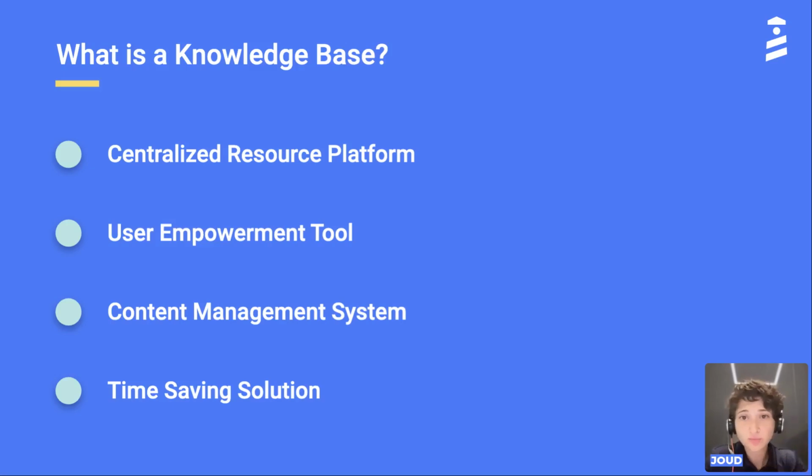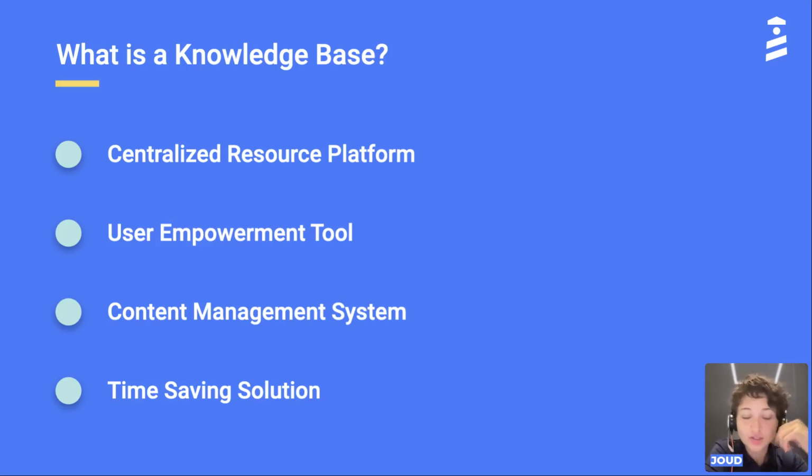It could be very simple. It doesn't matter if your product is very complex, or very easy to navigate. There should always be a knowledge base, because at the end of the day, it also saves time, right? All users, at some point, are new users. You can't assume that they automatically know your platform, right?